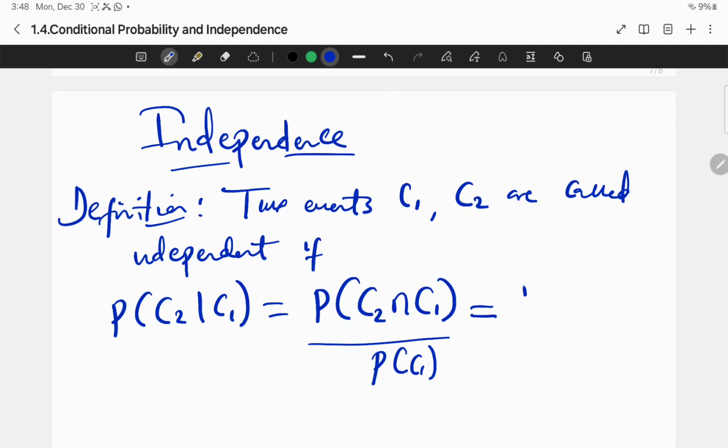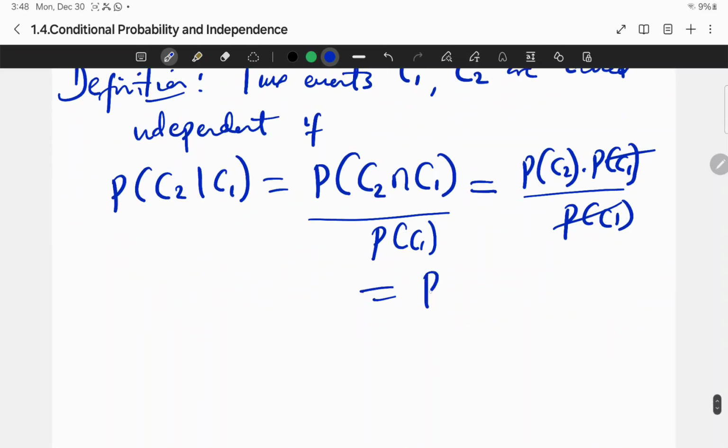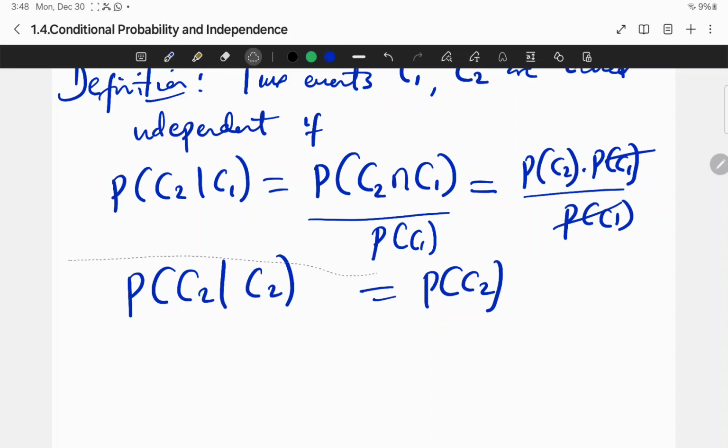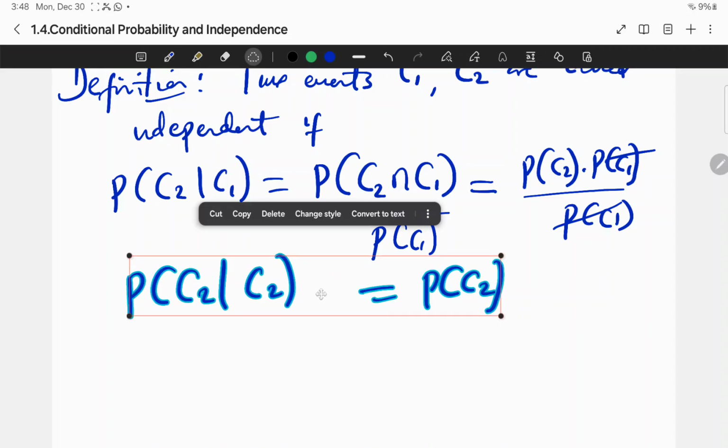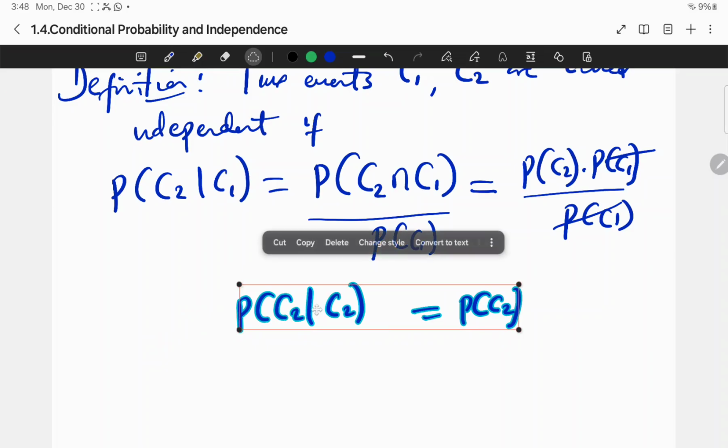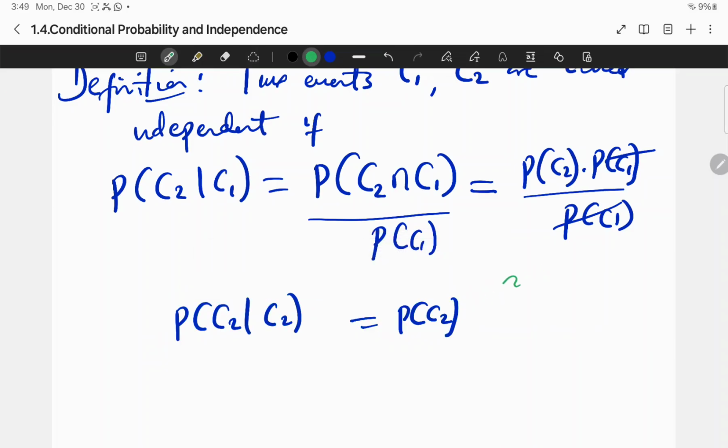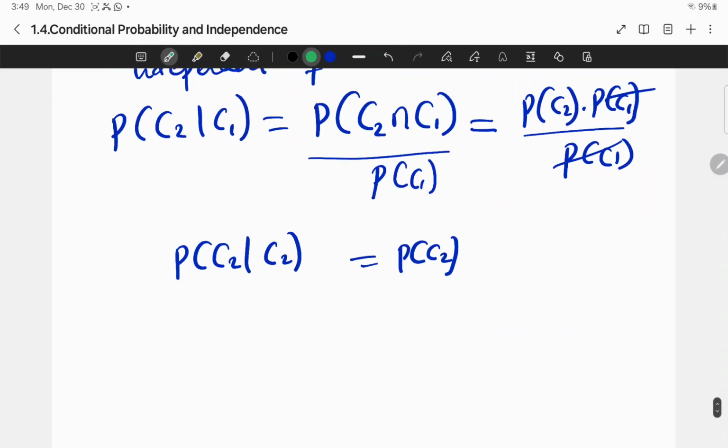In other words, the probability of C2 times the probability of C1 over the probability of C1, and this cancels this, and that is equal to the probability of C2. So this is the basic definition. If this condition holds, then you see that our events are independent.